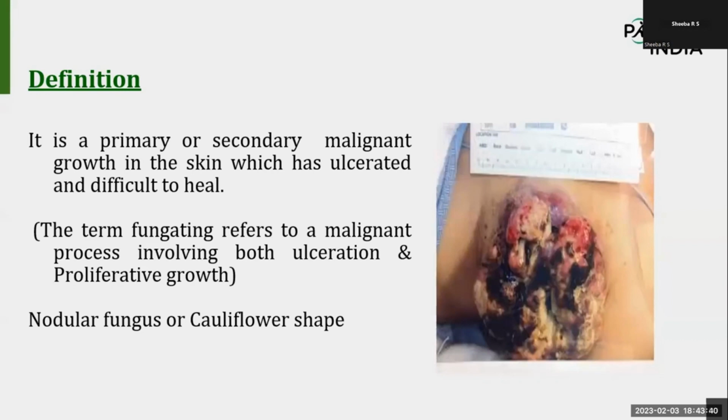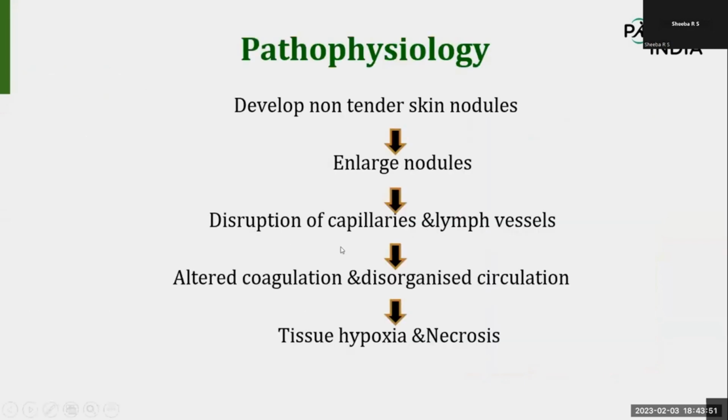Because of that, a lot of necrotic tissue and malodor will come out, and there will be exudate in this kind of wound. Coming to the pathophysiology, we all know the pathophysiology of a cancer wound. It usually develops as non-tender skin nodules.